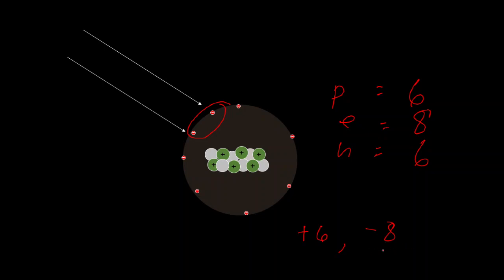There are more negative charges compared to the positive charges. So if we add positive 6 plus negative 8, the answer is negative 2. So this becomes a negative ion. So we call this one an anion because it's negative, and the charge is 2-.